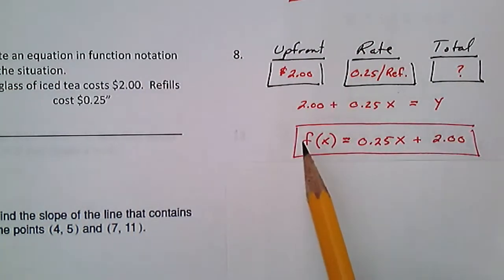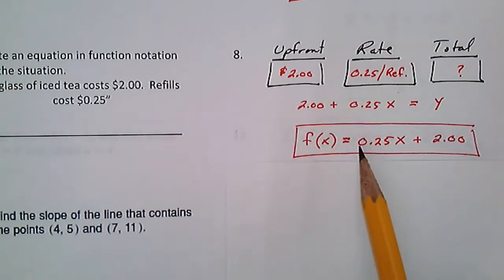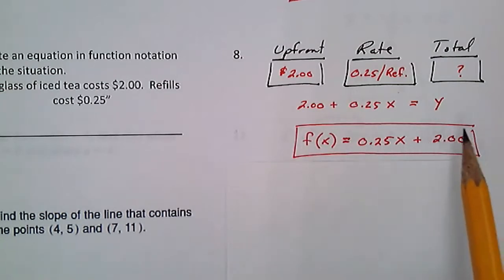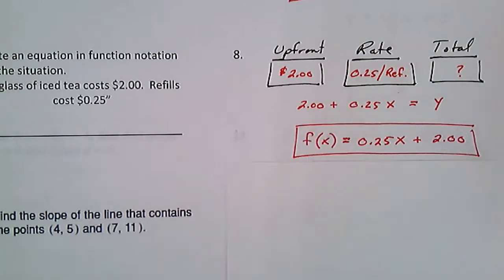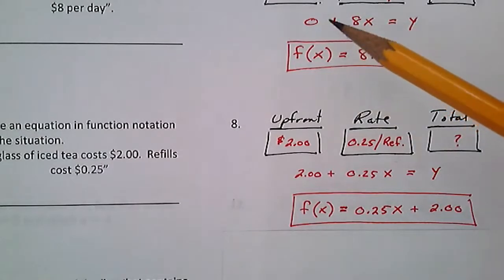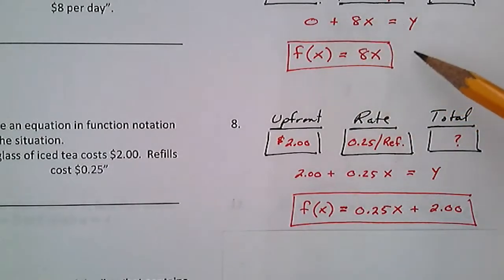Instead of a y, I'm going to do f of x, and then here's my rate, and I put that upfront amount at the back. Kind of like number 7. However, in number 7, there was no upfront amount. It was just 0. On this one, we do have an upfront amount right there.